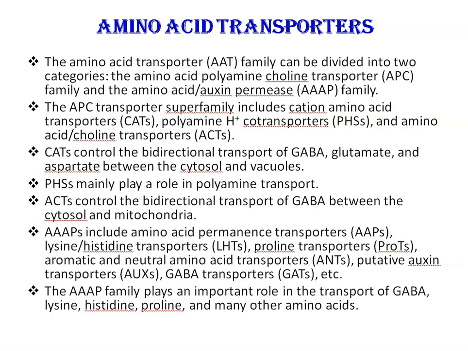AAAPs include amino acid permease transporters, AAPs, lysine histidine transporters, LHTs, proline transporters, aromatic and neutral amino acid transporters, putative auxin transporters, GABA transporters, etc. The AAAP family plays an important role in the transport of GABA, lysine, histidine, proline, and many other amino acids.